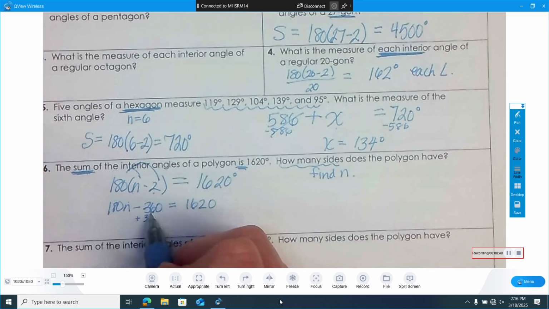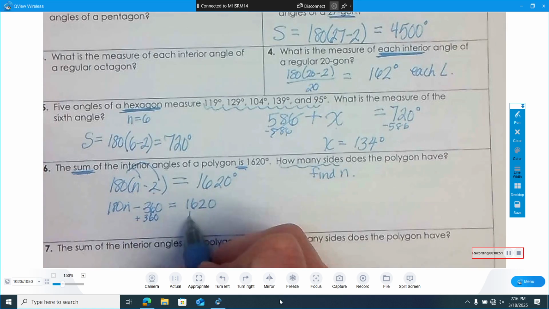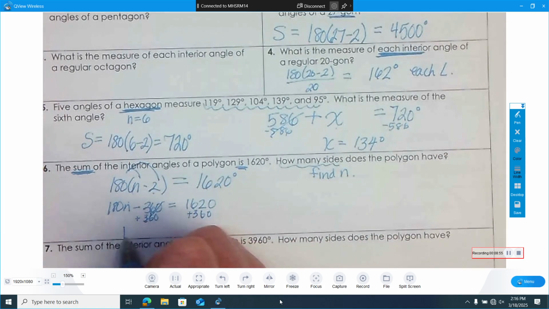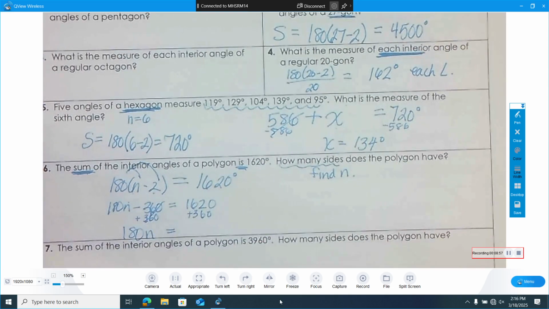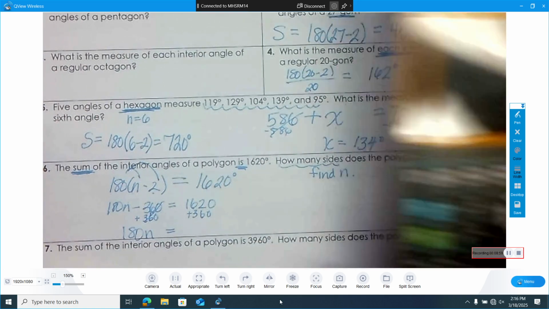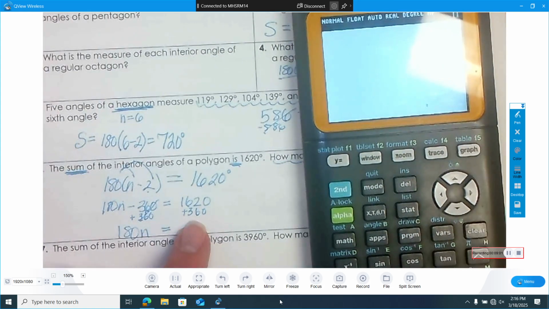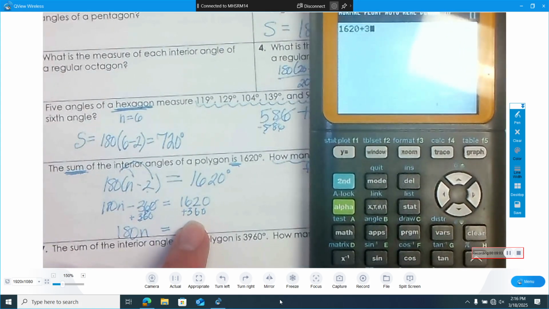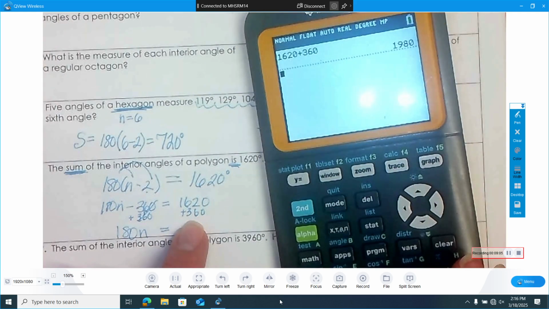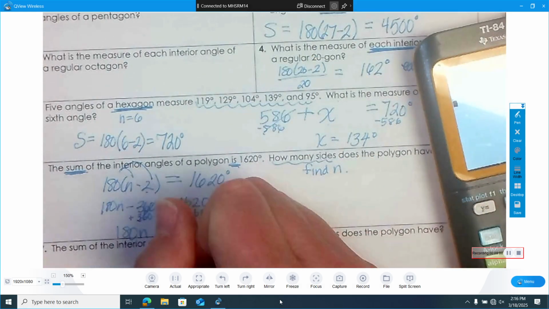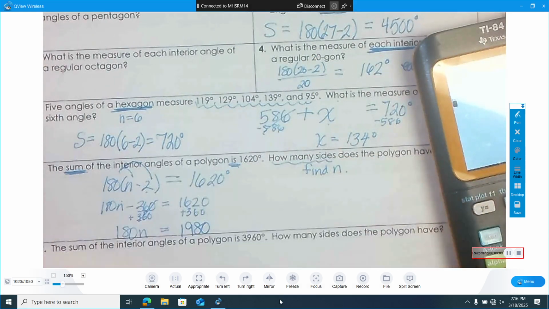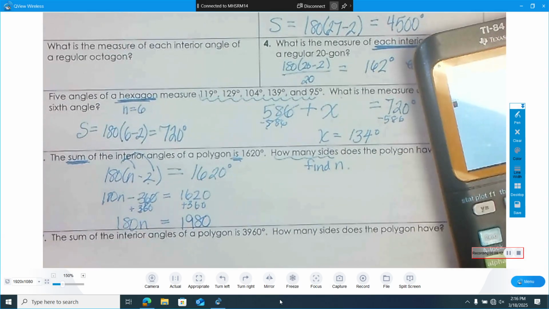Add 360. All right. So I have 180n equals 1620 plus 360, which is 1980. And then how do you get n by itself?